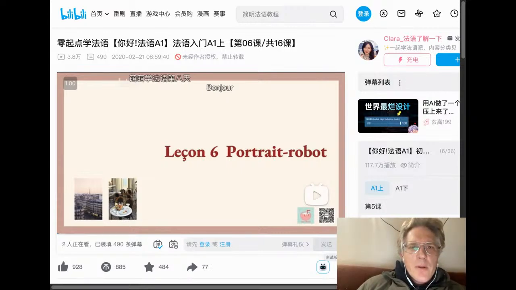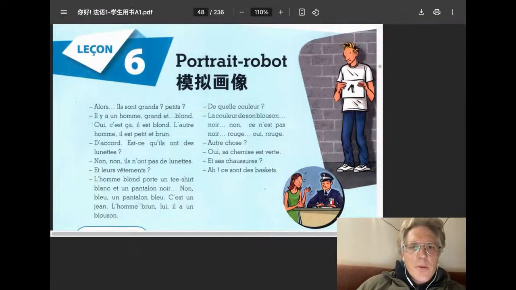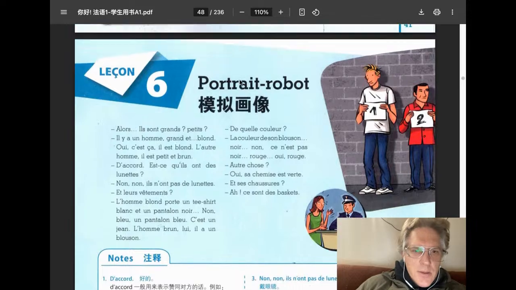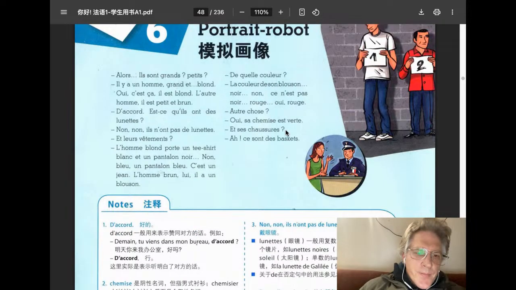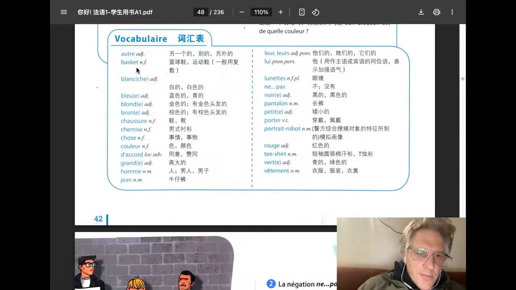We have the book, lesson 6, which is great. Alors, ils sont grands, petits. Il y a un homme grand et blond. Oui, c'est ça. Il est blanc. Okay, so it's about describing people. And then we're going to have a bunch of words about colors and clothing in order to describe people.